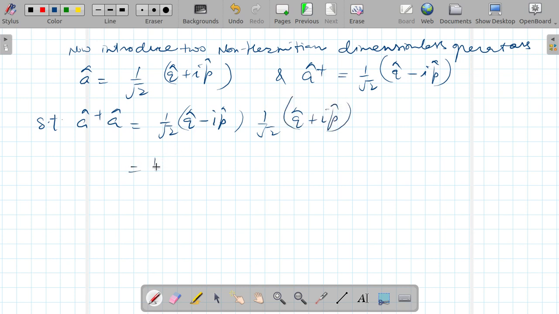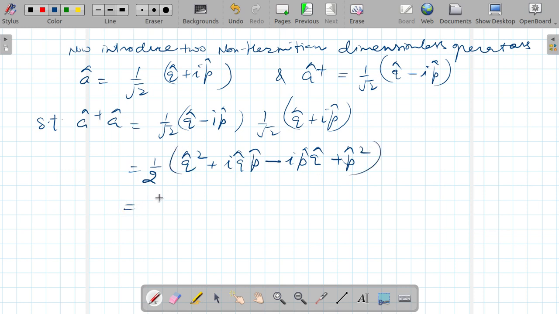Let me simplify it. It is 1 by 2 times Q square plus iota QP minus iota PQ plus P square.